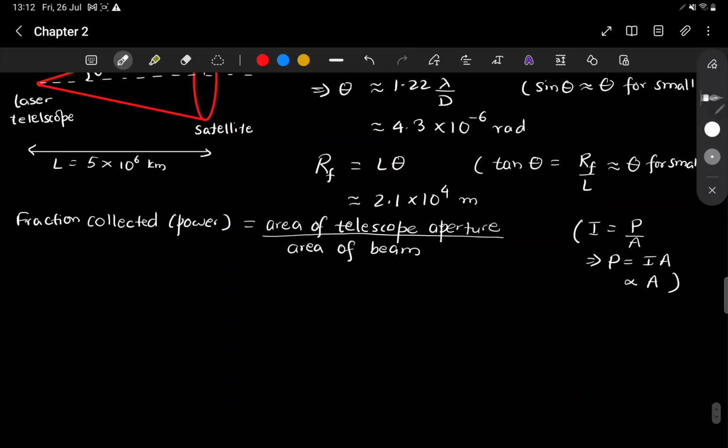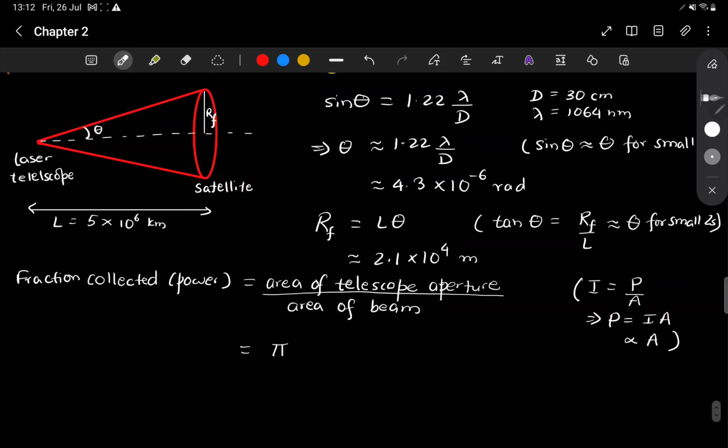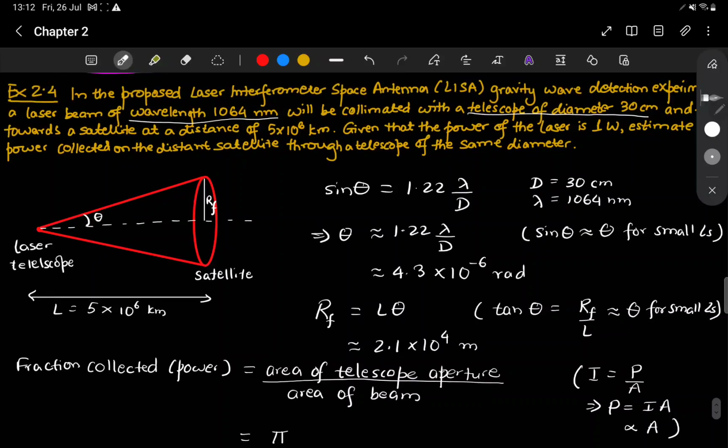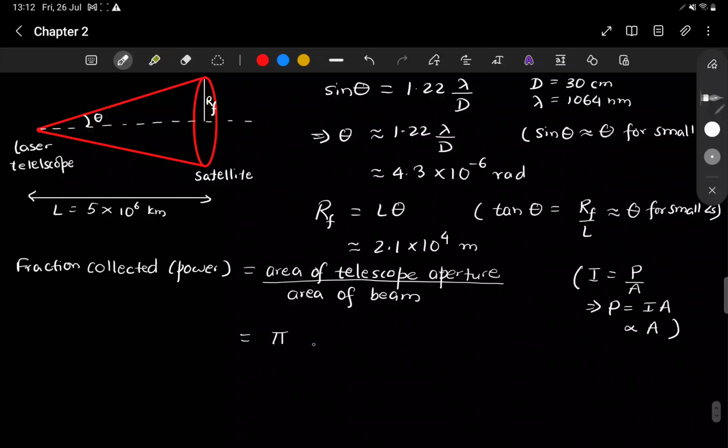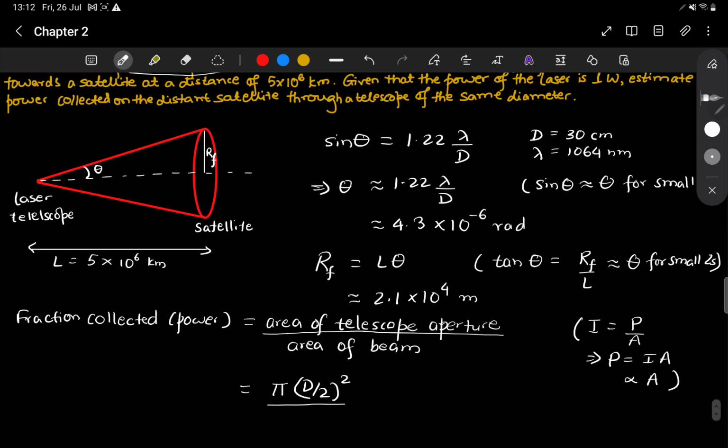Now we will put in these values. The telescope aperture we are given has diameter 30 centimeters, which we call D. So the area of the telescope aperture is pi r squared, that means pi D by 2 squared, and the area of the beam, upon expansion, is based on this RF.